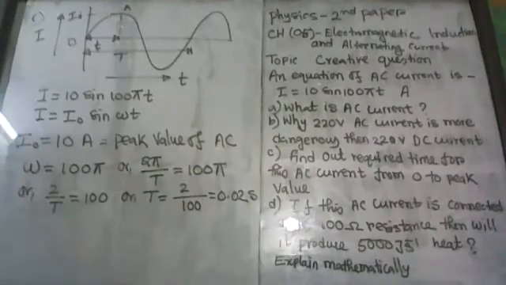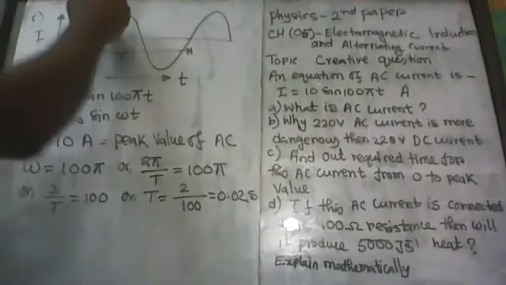Small t is the limiting time for this AC current to reach from 0 volt to peak value. Now see that this time period, capital T, can contain 4 small t.